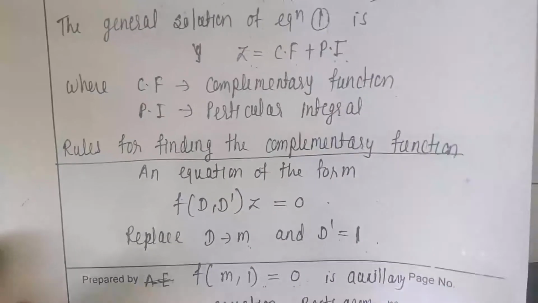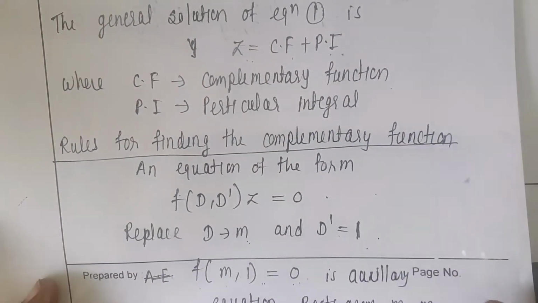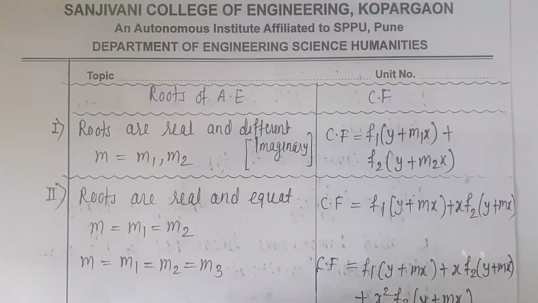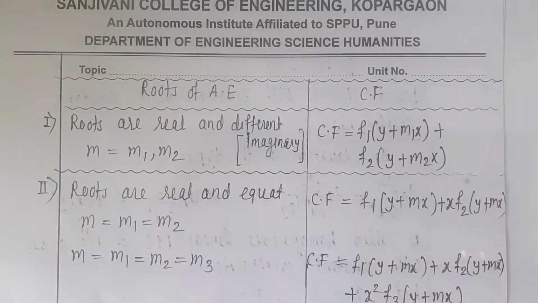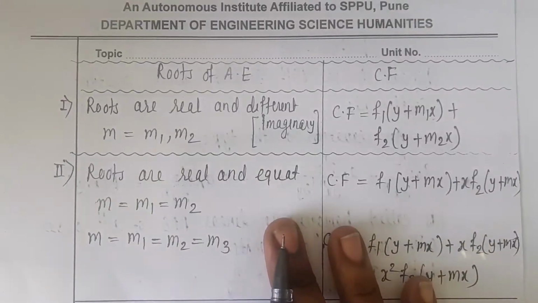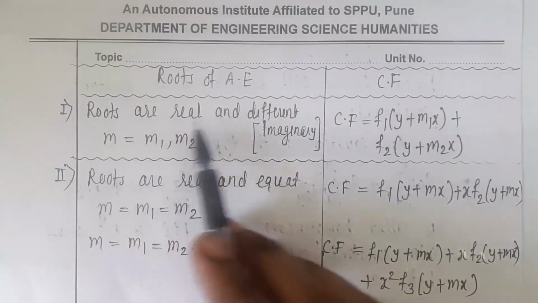Now there are cases to write complementary function for such type of roots. So in previous chapter we have seen cases for if the roots are real and different, if the roots are equal, if the roots are imaginary. But here in partial differential equation only two cases are there. First is roots are real and different.